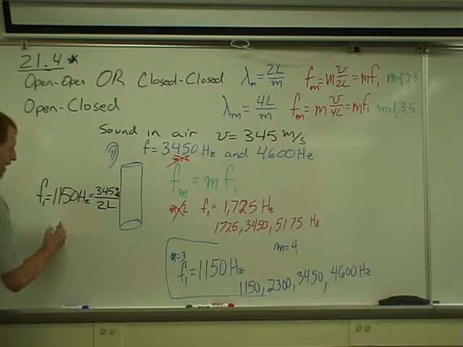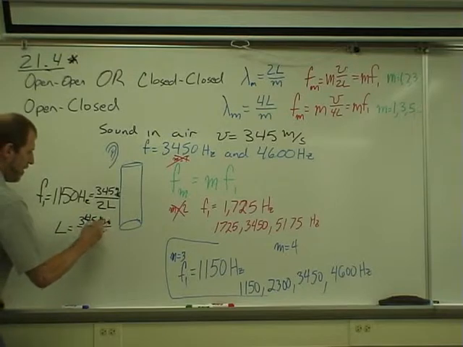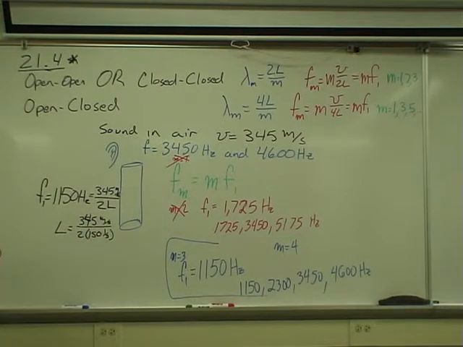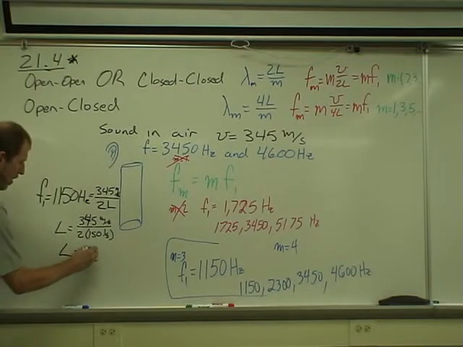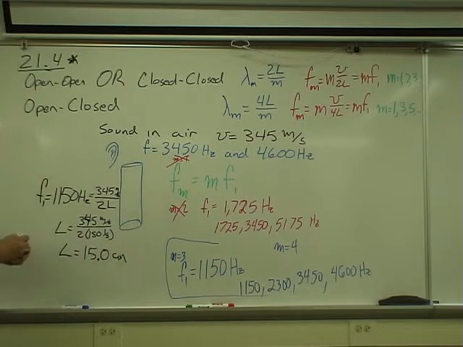That gives me a length of the tube equal to 345 meters per second divided by 2, and that divided by 1,150 1 over seconds, which cancels out, or a tube length of 15 centimeters. Hopefully, that is a useful example.